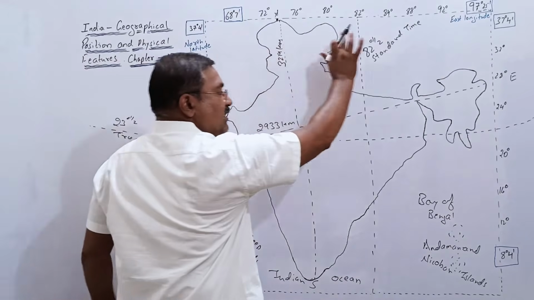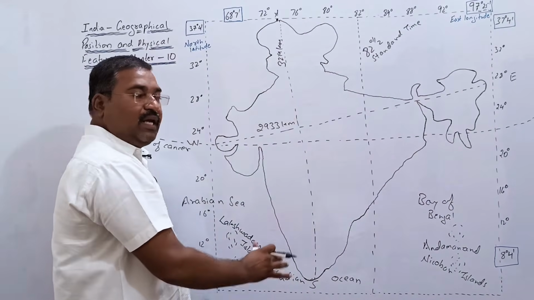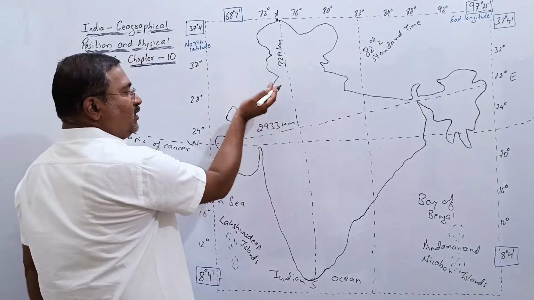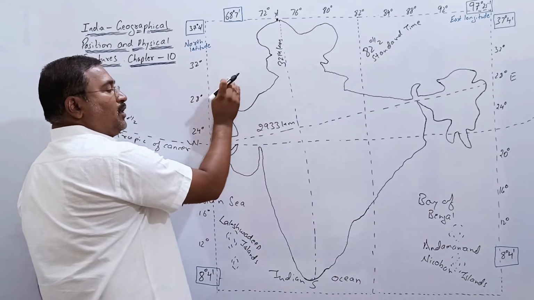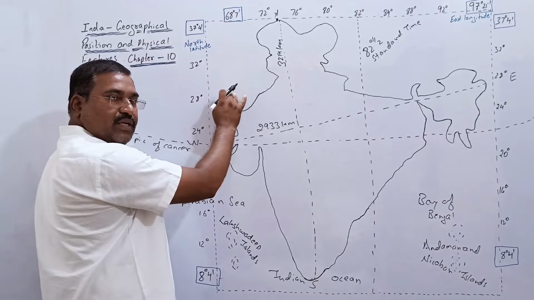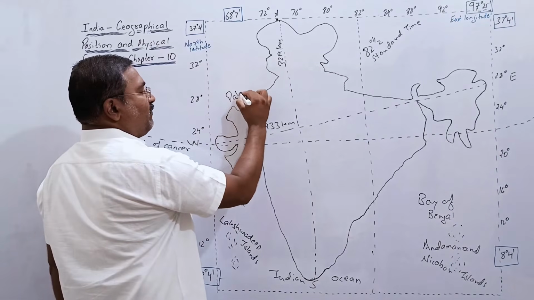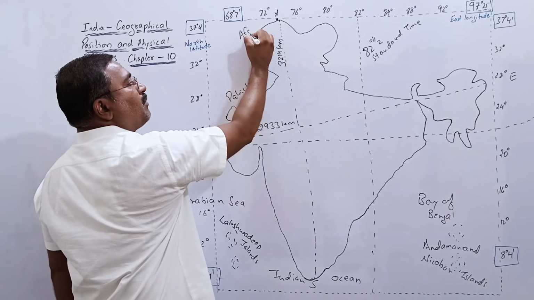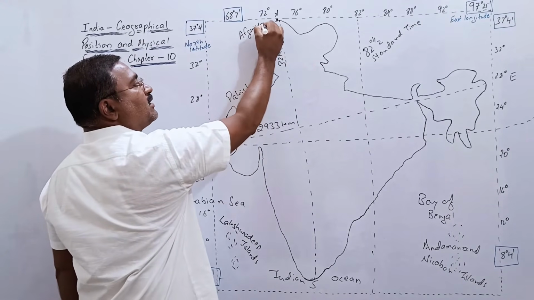The country called India has some neighboring countries, like towards the northwestern part, we have Pakistan. Towards the northern part, we have Afghanistan.